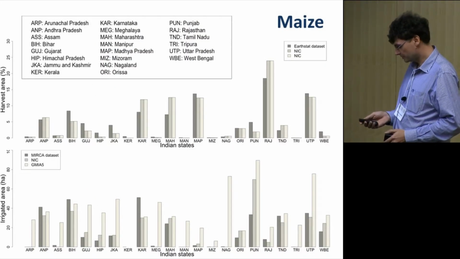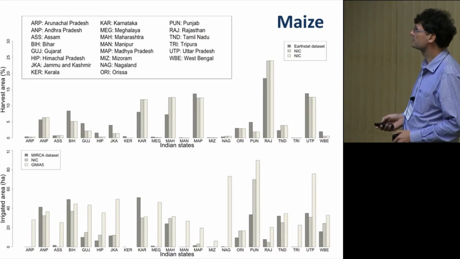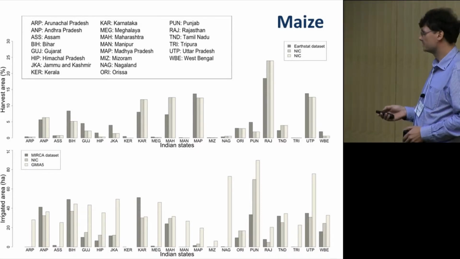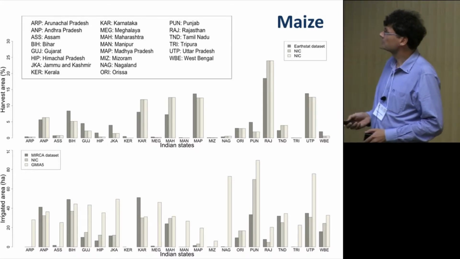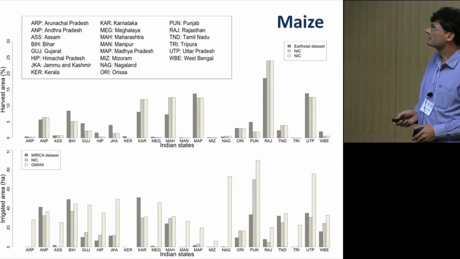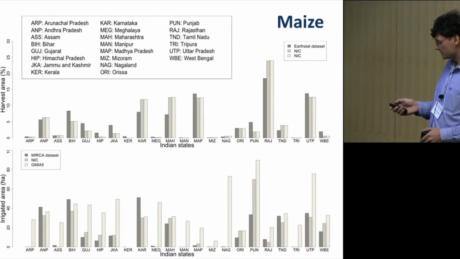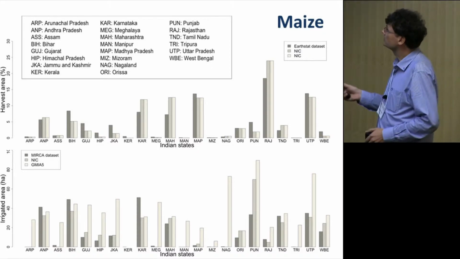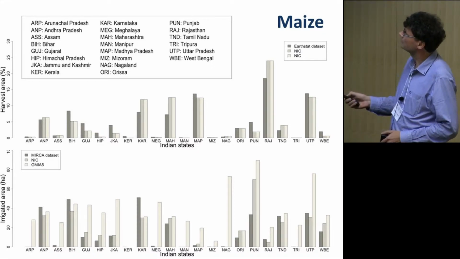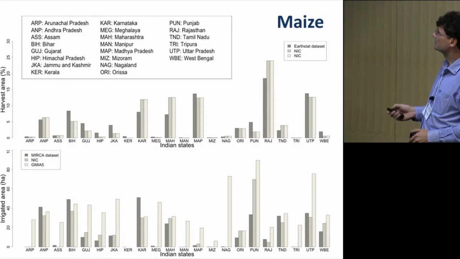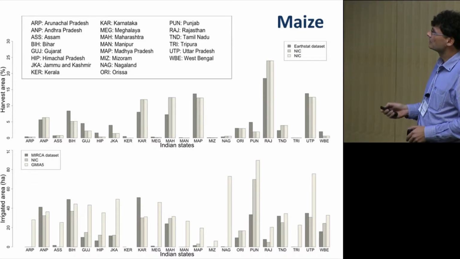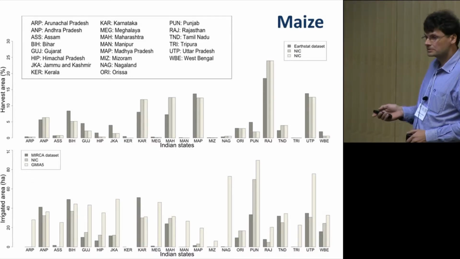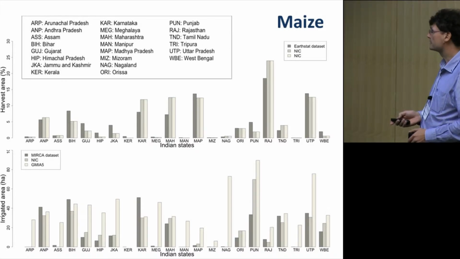So which impact does this have now on simulated yields? First of all, I also want to briefly show some differences on the state level in India. So we can see again here that the differences in harvested land are not that much. So the crop data are still quite representative, even the year 2000 data, but with regard to irrigation, there are big differences across the states in India.